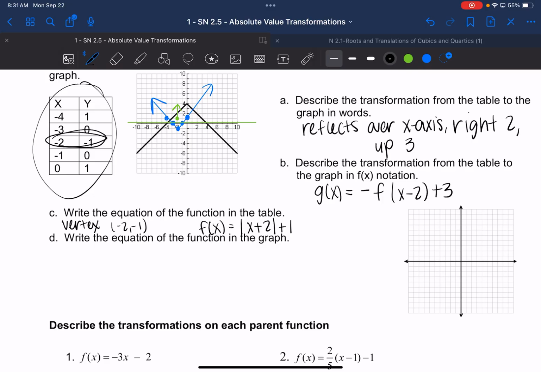So then they want us to write the equation of the graph shown over here in black. Well, here its vertex was at where? Where was the black graph's vertex? 0, 4.